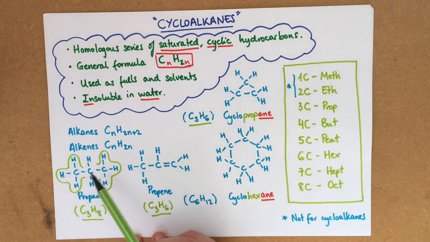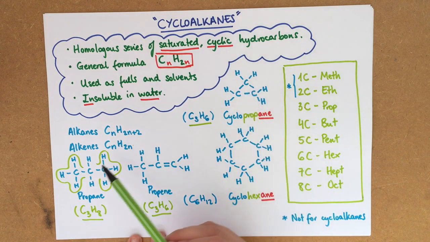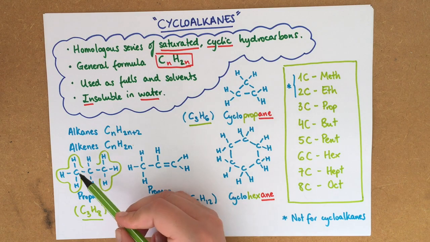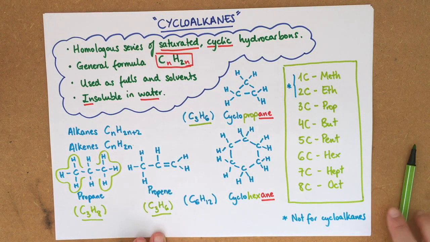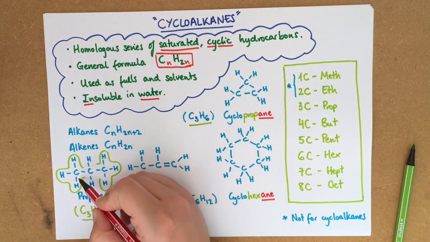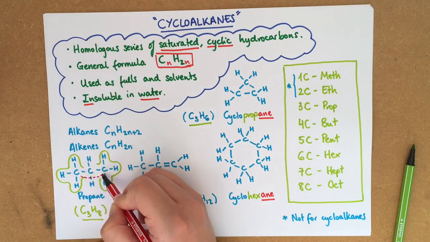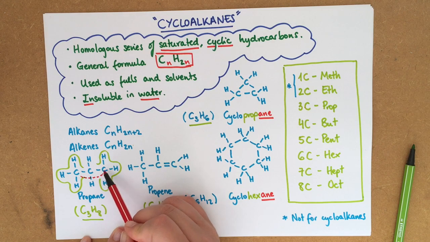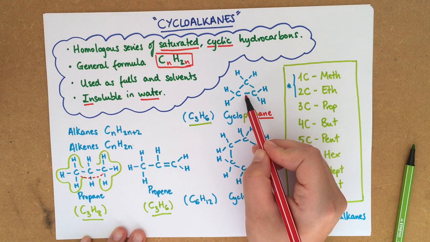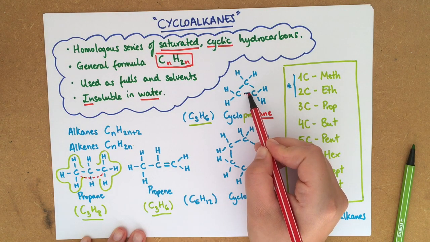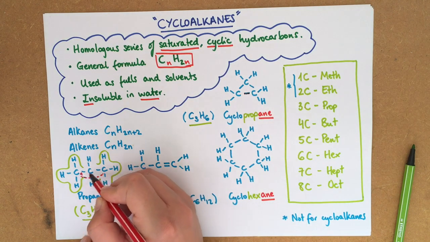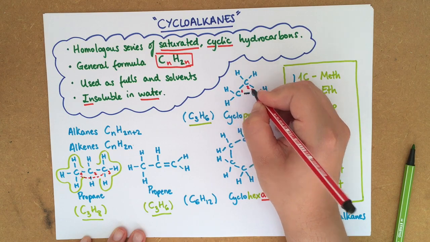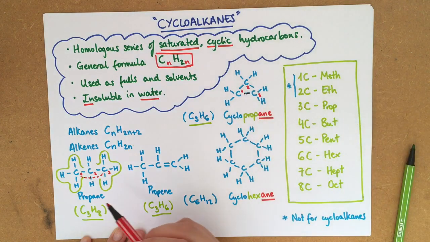So if we wanted to make cyclopropane out of propane, the 2 carbons in the string would have to be linked together. And this bond doesn't exist. This is just a fictional bond to show you how these 2 would be tied together. So it would be this bond here. Okay, we have carbon 1, carbon 2, carbon 3.